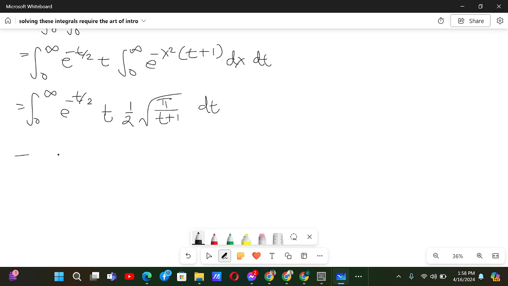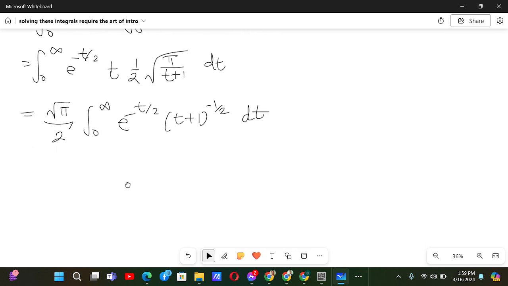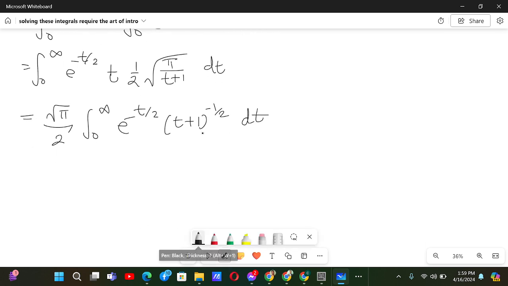Now next is to take this root pi by 2 outside. The integral from 0 to infinity of e to the power minus t by 2 and then (t plus 1) to the power minus 1 by 2 and then dt. And I think I forgot a t over here.